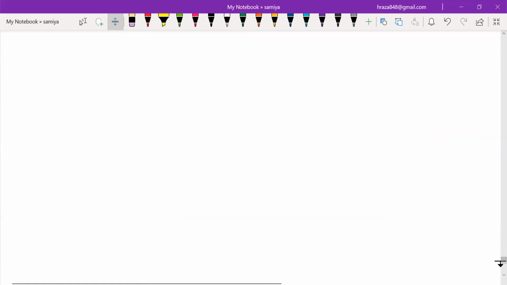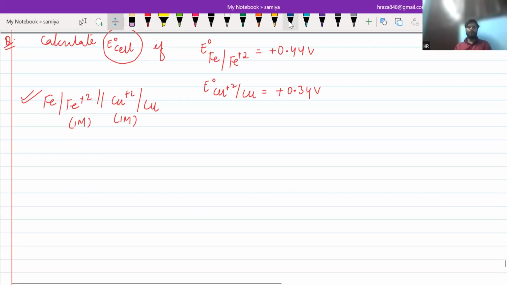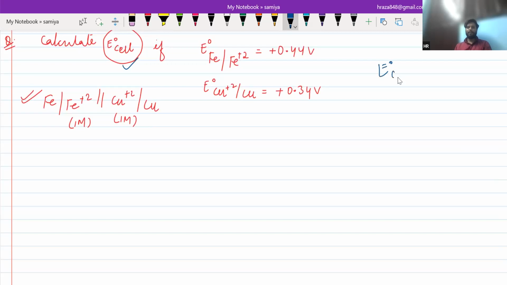Sir, can you explain? See, there is a formula for E naught cell. E naught cell will be equal to E naught of the cathode minus E naught of the anode. One thing is important: take the electrode potential as the standard reduction potential, SRP.